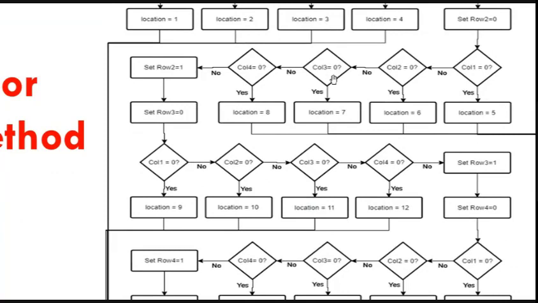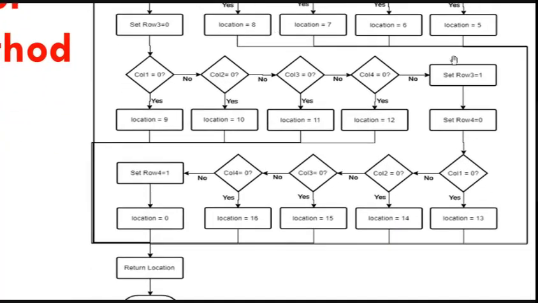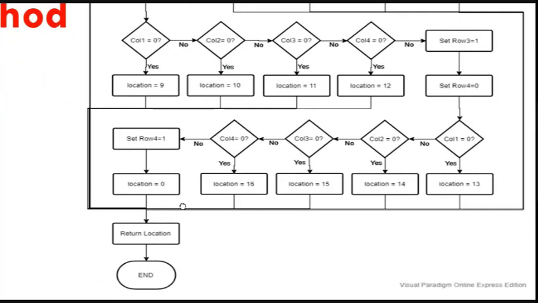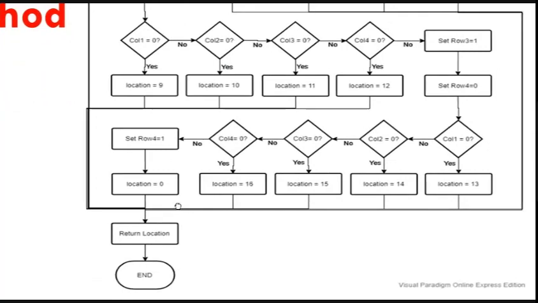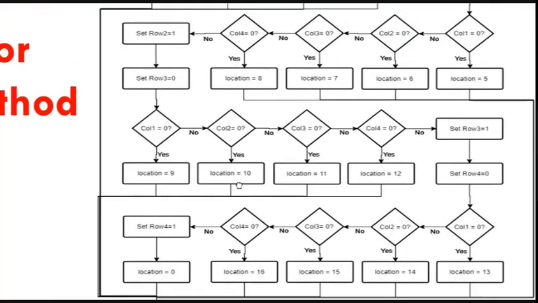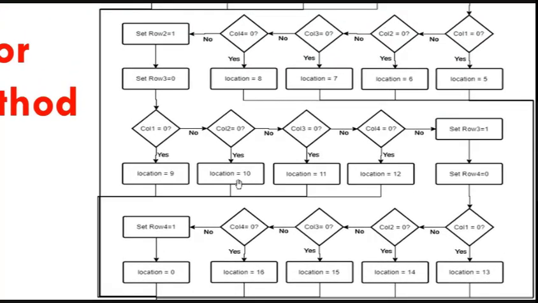So what happens is that the location from column 3 will be returned to the function, and then the process will stop there, because this one is only related to key scanning, not key identification, only key scanning.